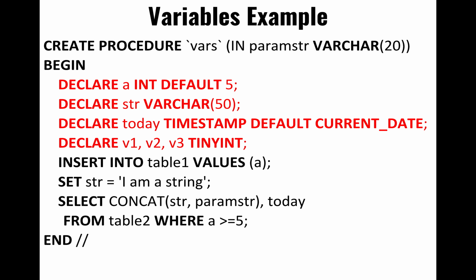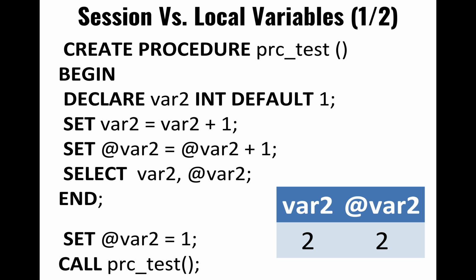These are just variables showing that you can declare them and then use them as part of inserts or select statements, interspersed throughout your stored procedure. Here you're inserting and then selecting, and you can have multiple of these even inside of loops. Here's just another example of a local variable.